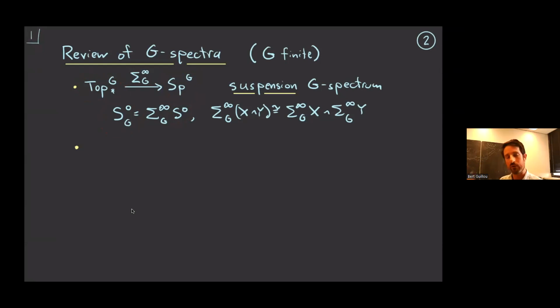We'll be using this pretty often to think about a based G space as a G spectrum. It's a nice construction: a strong monoidal functor. In other words, if we take a smash product of two based G spaces and then produce the corresponding suspension G spectrum, that corresponds to first producing the suspension G spectra and then smashing those spectra together.